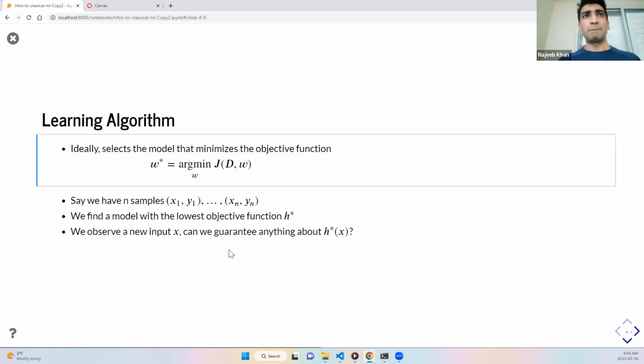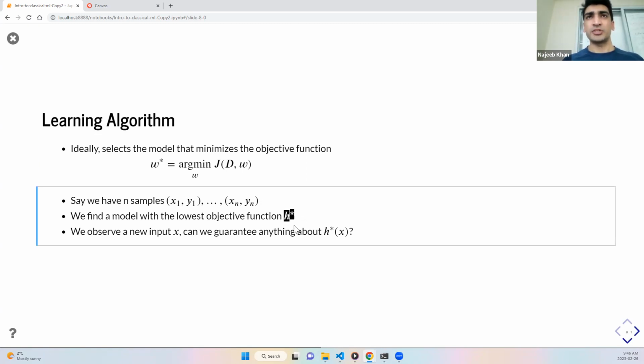So if we have, let's say, n samples, x1, y1 to xn, yn, we find a model with the lowest objective function, x star. And when we observe a new input x, can we guarantee anything about h(x)? The learning algorithm trained or picked the model based on these n samples. Can we guarantee anything about any new thing?